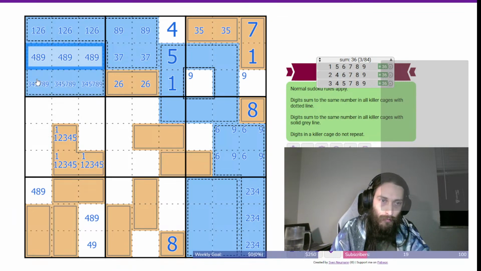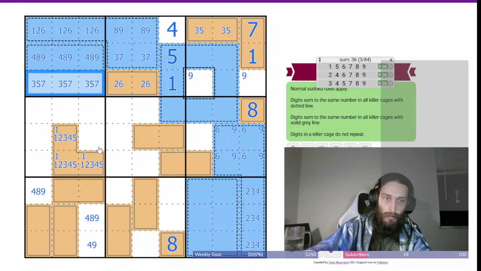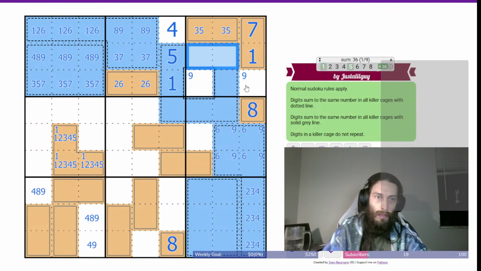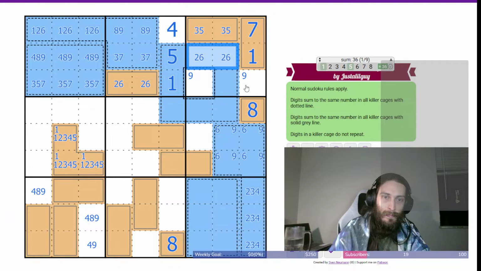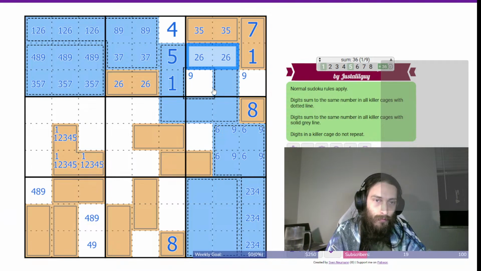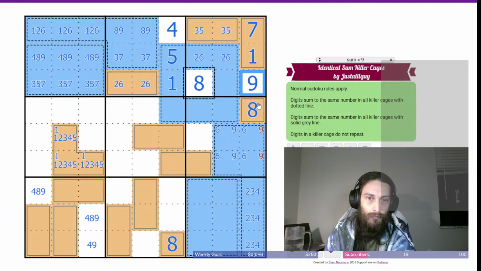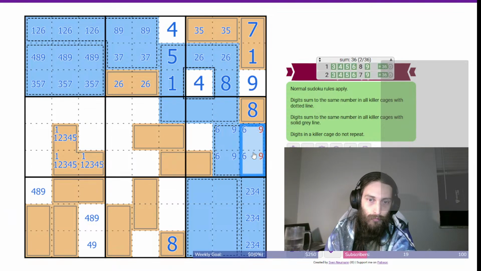5, 3, 7, 4, 8. Well, that makes that an 8-9 pair, and 8 and 9 are resolvable there in the box. Wait, no. I have to have an 8 here. Oh, right. This is 4 and 9, and still resolvable.